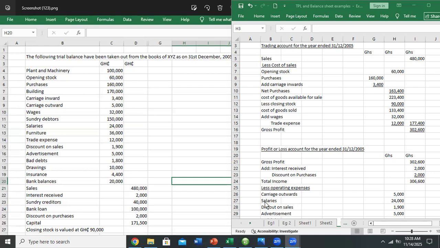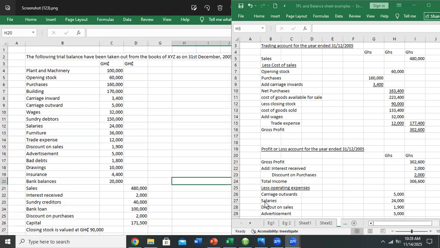Advertisement. The fact that you advertise, you see, how do I make this sound well in your ears? Sometimes you don't even advertise, yet still people come and buy your goods. So advertisement is not like a direct by-force expense related to trading.